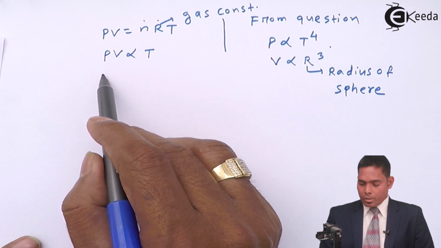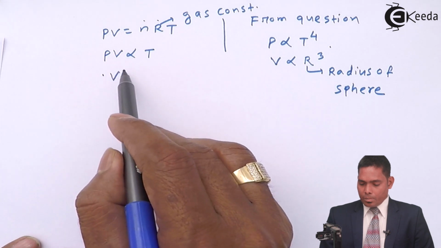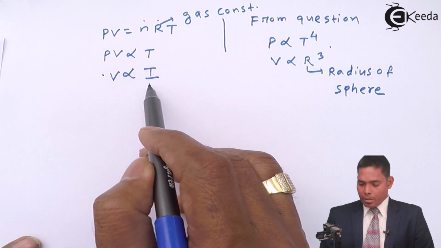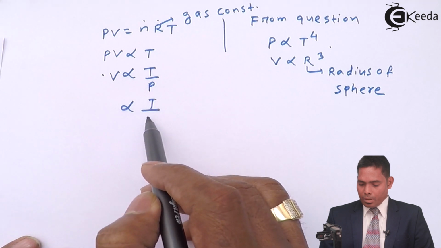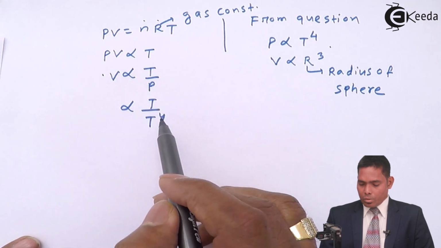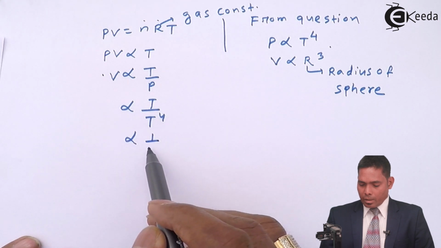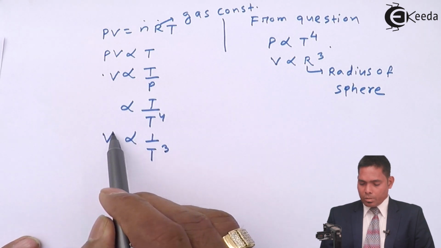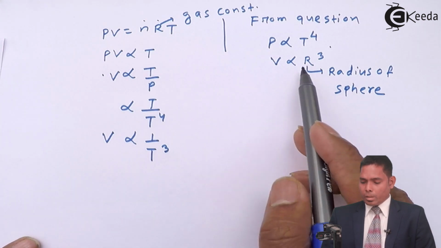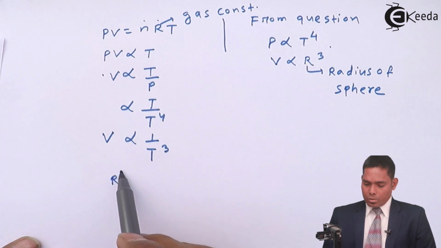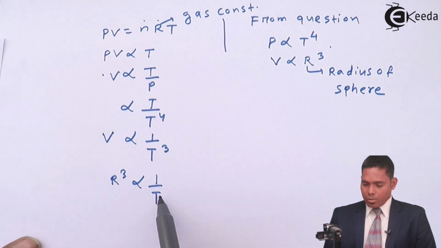So if I write V is proportional to T by P, then T by P is proportional to T divided by T raised to 4, which is 1 by T cubed. So V is proportional to 1 by T cubed, but V is proportional to R cubed. So R cubed is proportional to 1 by T cubed.